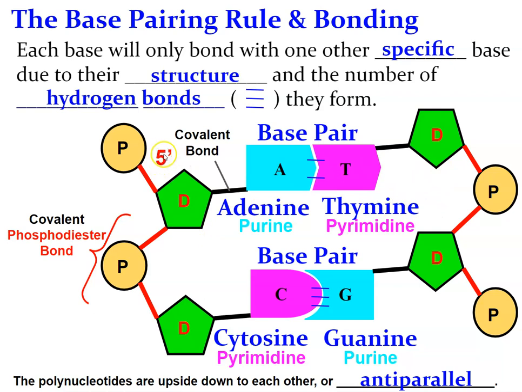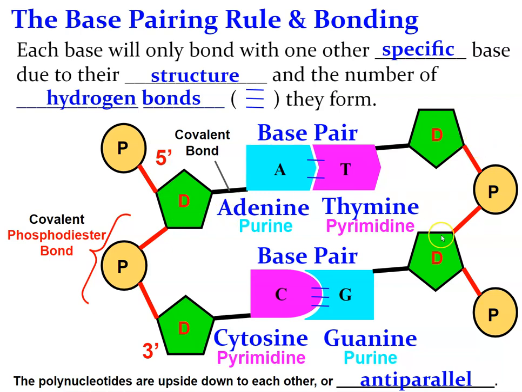And there are names for the ends of the molecule, and they're named for the number of carbons on the deoxyribose. So there's a carbon number 5 at this end, and there's carbon number 3 at this end. This is carbon number 3 right here, and carbon number 5 is actually outside the ring of the molecule here, but it's not shown in the diagram.